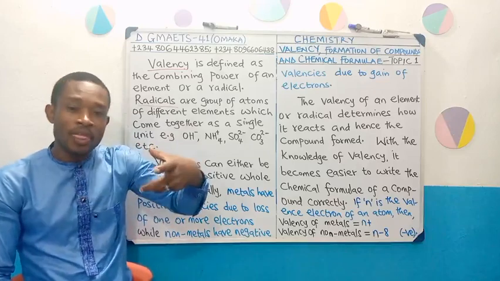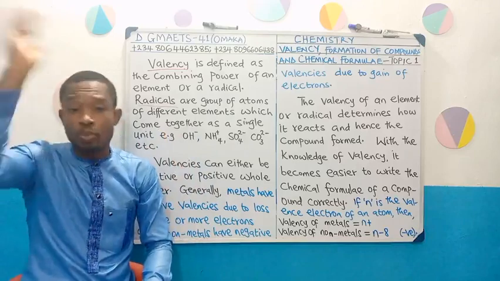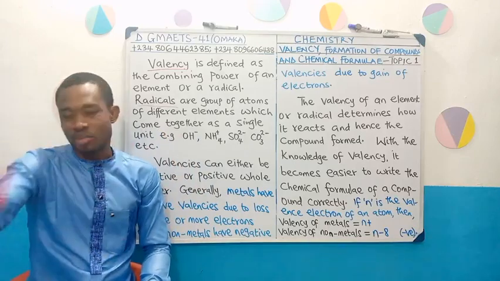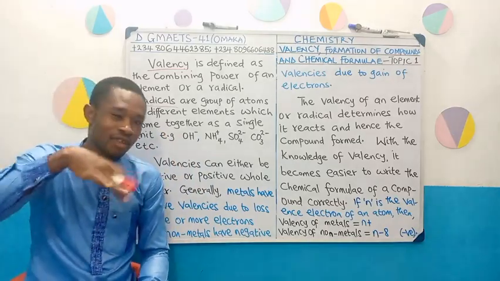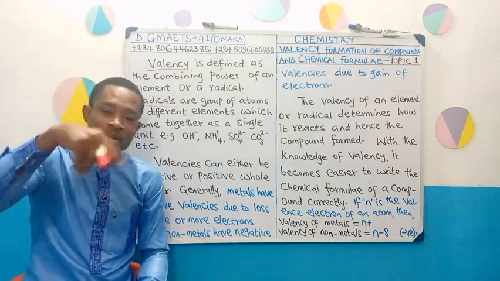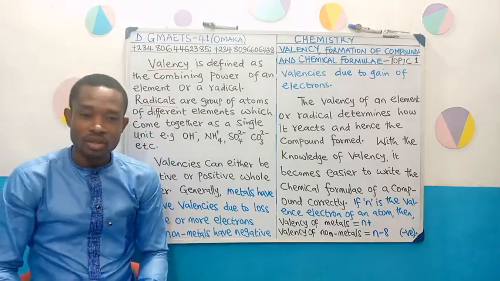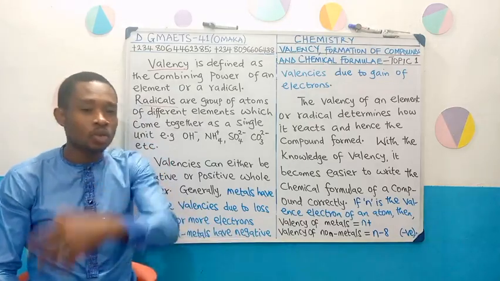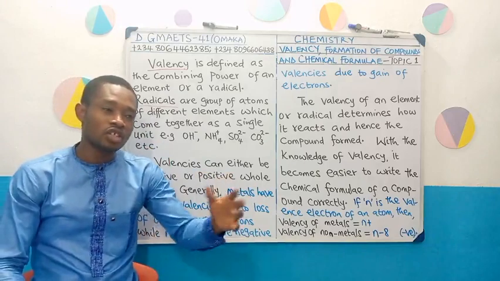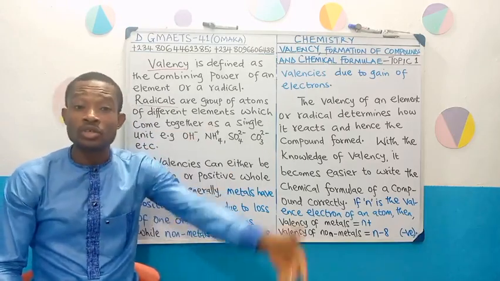From the L shell, LMN shell upward, they carry a maximum of 8 at this level of study. Are you following? So we have to subtract the total number of electrons that a shell is meant to carry from the valence electron. That's what we do for non-metals. So in the case of oxygen, you're going to have 6 minus 8, which is equal to minus 2.